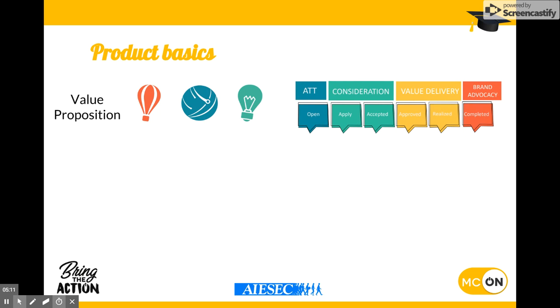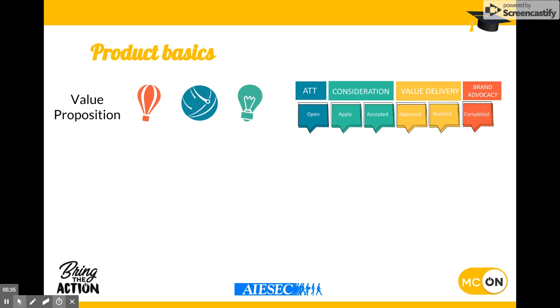Then you have the customer flow. Most probably you will know this, but it's very important to have it very clear and to be able to communicate it in an easy way. So basically, the customer flow is the process that a person goes through when they want to live an ISEC experience.